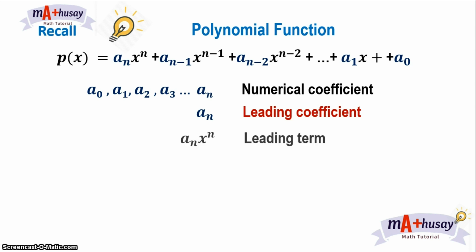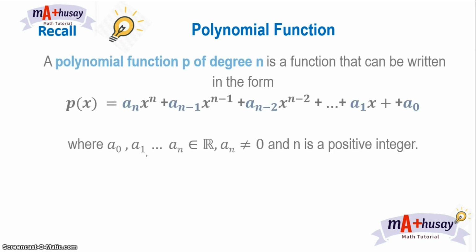Ang a sub n x raised to n ay tinatawag nating leading term. At ang a sub 0 ay tinatawag nating constant term. Tandaan, bawal magkaroon ng negative o fractional exponent ang expression dahil hindi na ito magiging polynomial function.